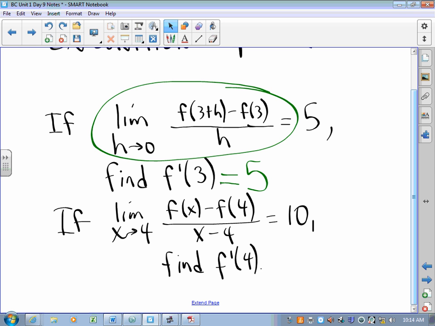Or if they say, find the equation of the tangent line, you could throw it out in a whole bunch of different ways. You want to be able to make connections and say to yourself, I recognize this as the definition of derivative.